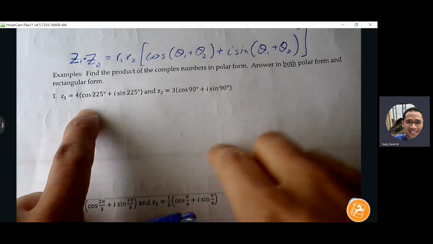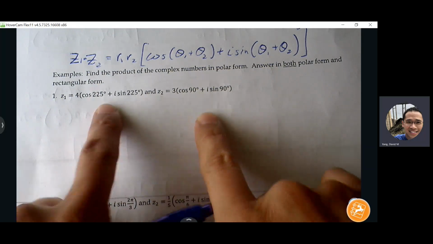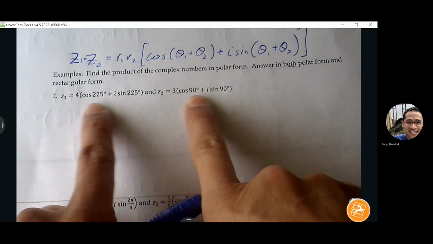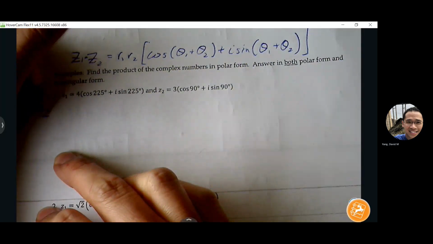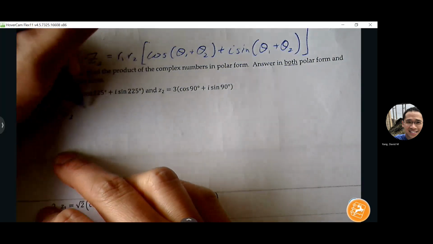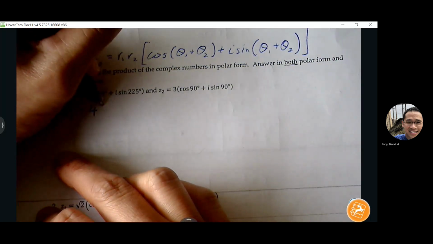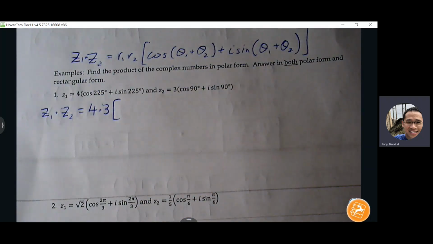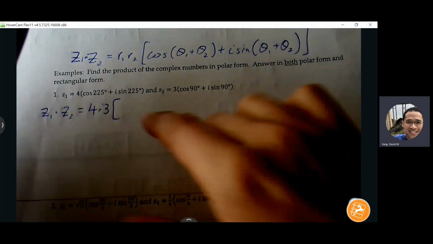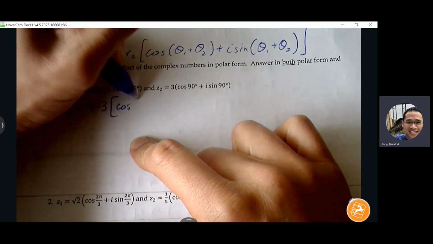All right, so what is my R1 and R2 for these two complex numbers? 4 and 3, yep. So take 4 and 3, multiply them together. Yeah, you can just go ahead and put 12 if you like. I'm just going ahead and putting everything down so they can see where it's coming from. All right, and what are my theta 1 and theta 2? 225 and 90. Yeah, so I'm just going to take those two degree measures and put them into my formula.